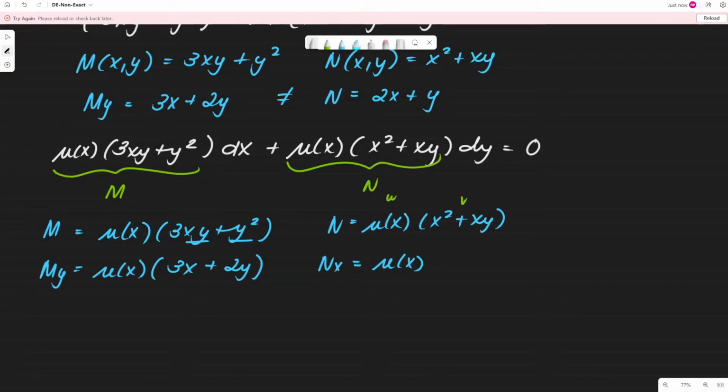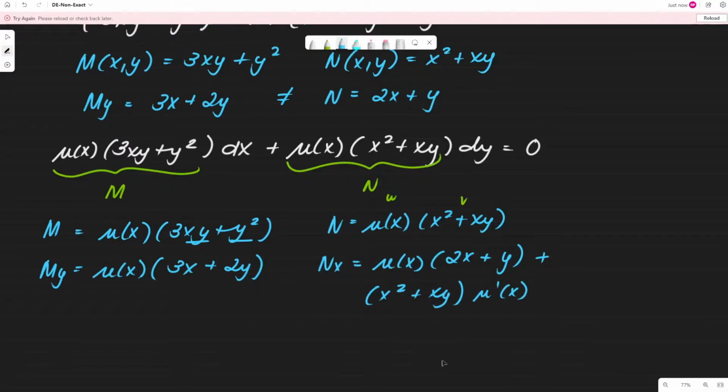So the derivative of x squared plus xy with respect to x, or the partial derivative rather, is equal to 2x plus y, right? That is the first term, the udv plus vdu. X squared plus xy, you need to copy. Then what is the partial derivative of mu of x with respect to x? That will be mu prime of x.